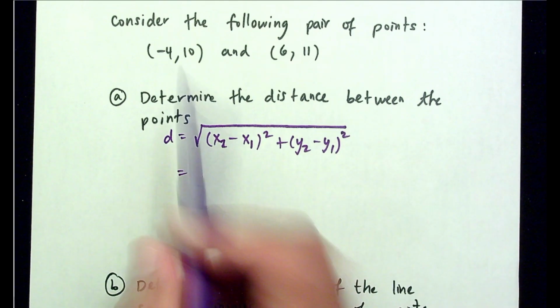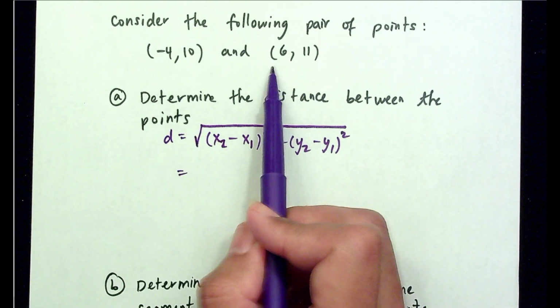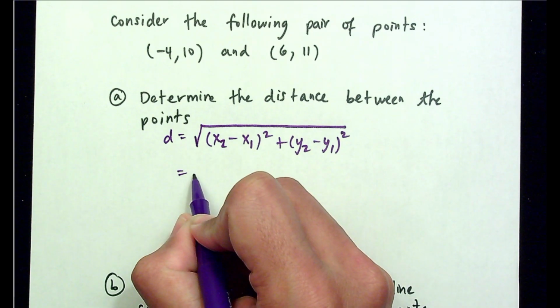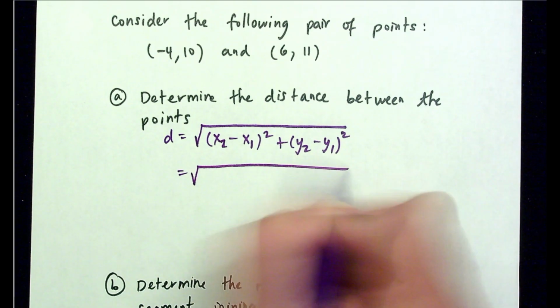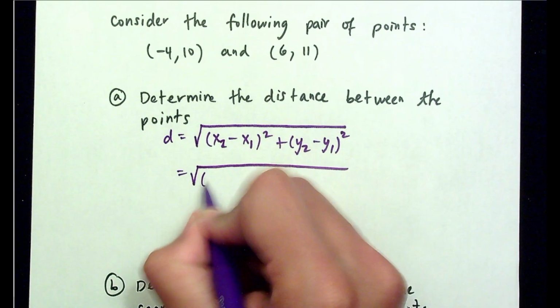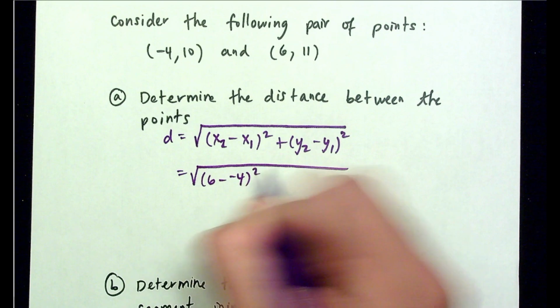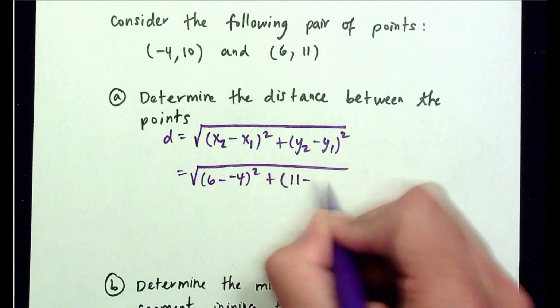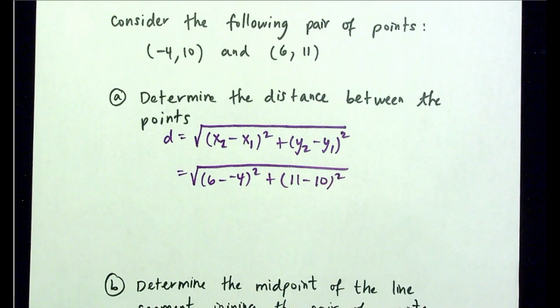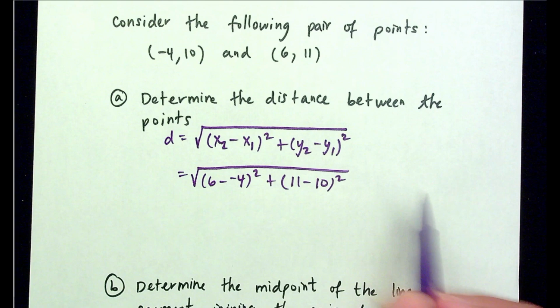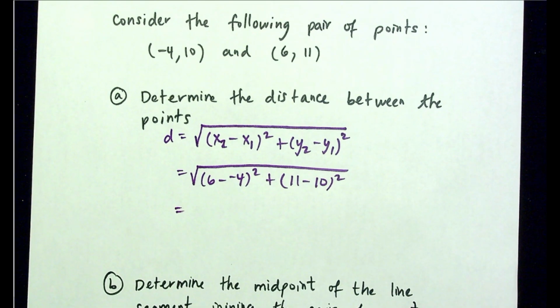So now this is our x1, y1, x2, y2, so I just have to plug in those numbers and simplify. This would be square root of, so let's subtract the x's, 6 minus negative 4, careful with the signs, plus 11 minus 10. And then those things are squared, added, square root. So what is this?